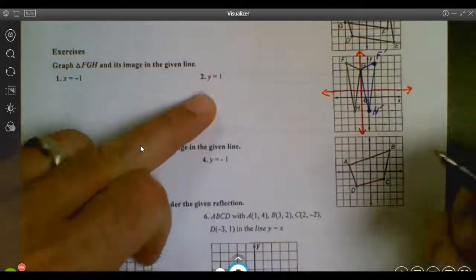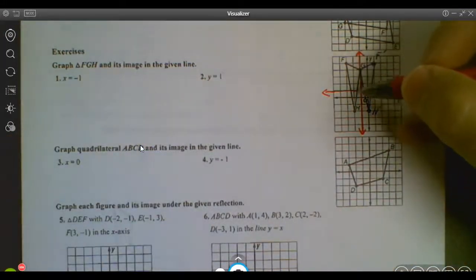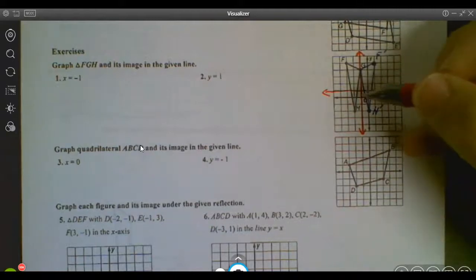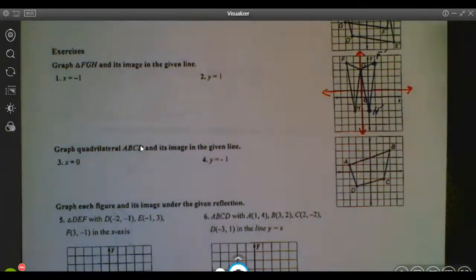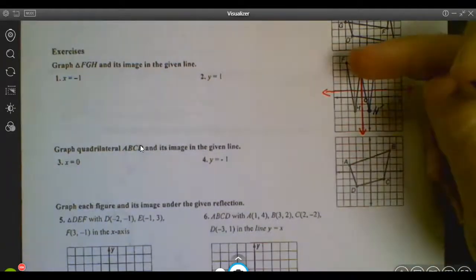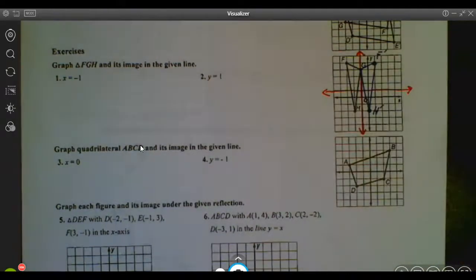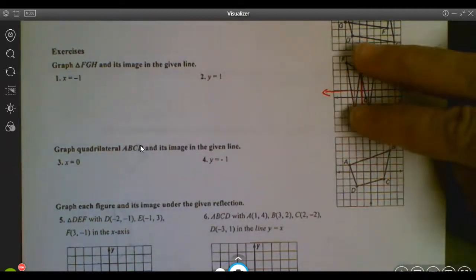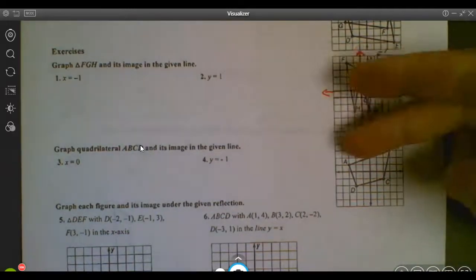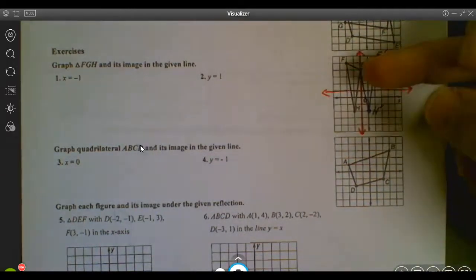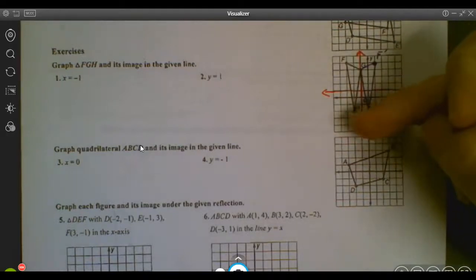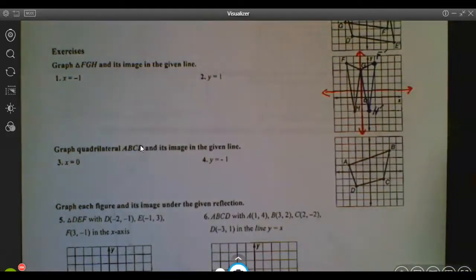And so now I'm simply going to take this black triangle, the one that we started with, and reflect it across y equals 1. You'll notice on this one how some parts of it are above that line and some parts of it are below that line. That's okay. That just means it's going to basically flip like this. So what was above it is now going to be below it. What was below it is now going to be above it.